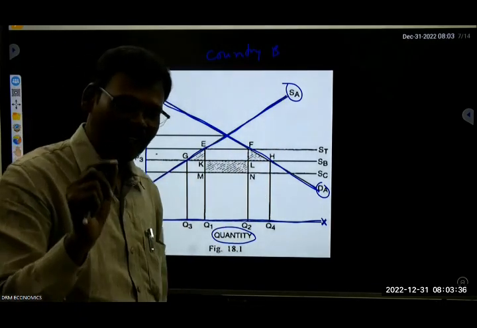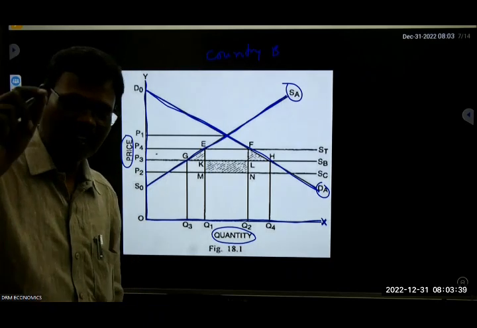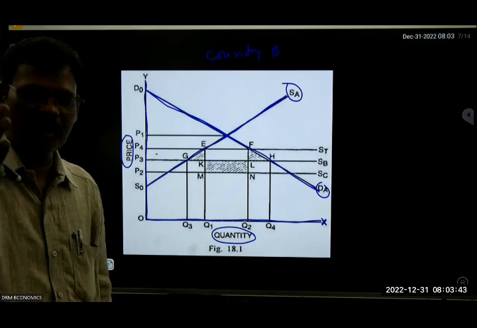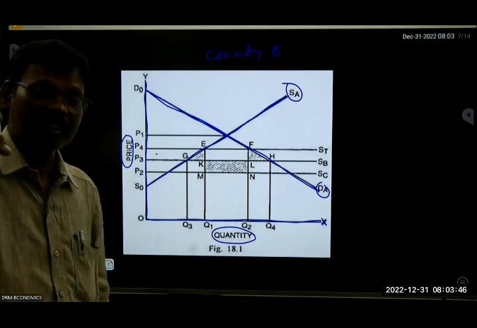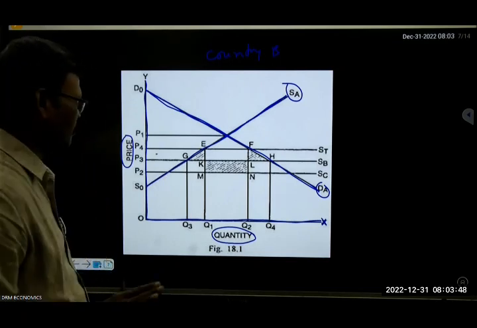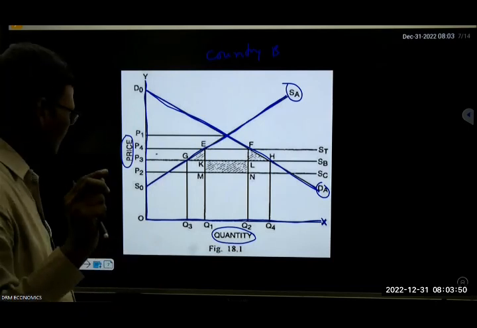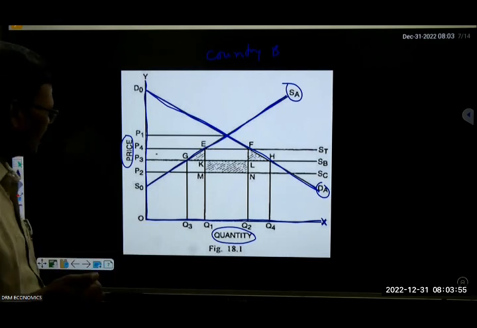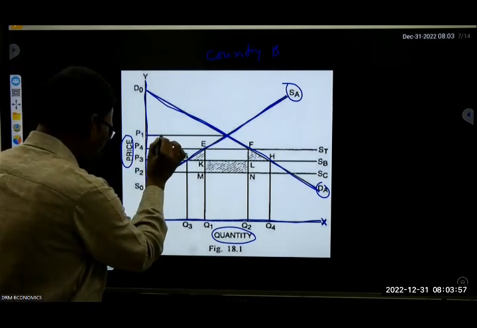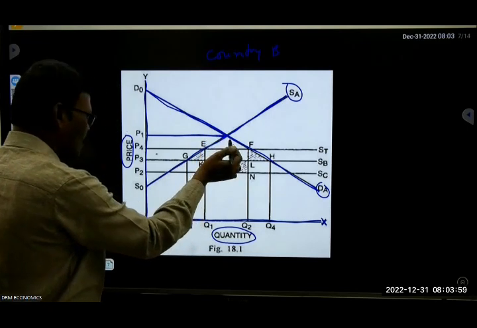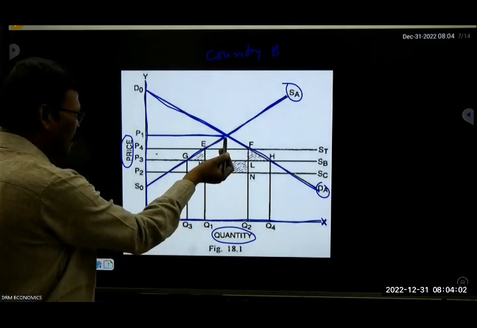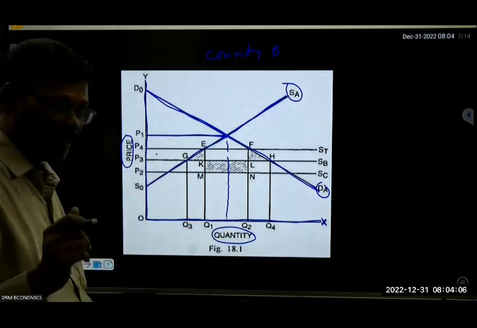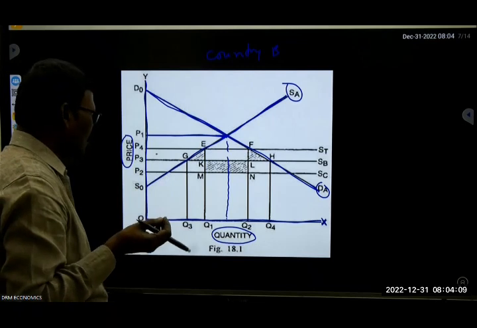Here, the customs union will get the equilibrium. When this is P1, generally it should get the equilibrium here itself. But what happened now?